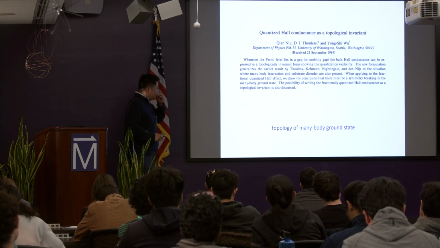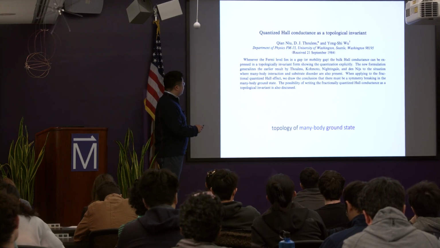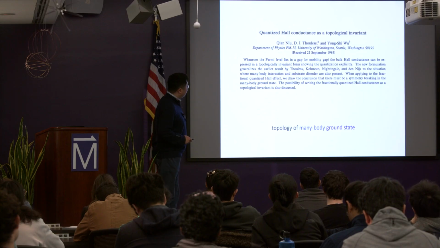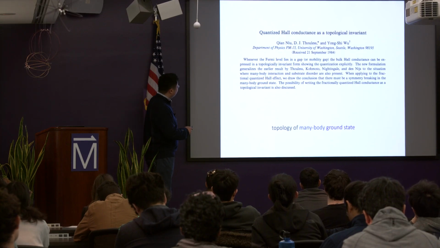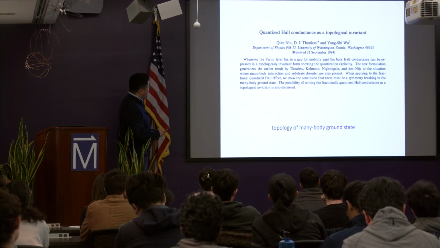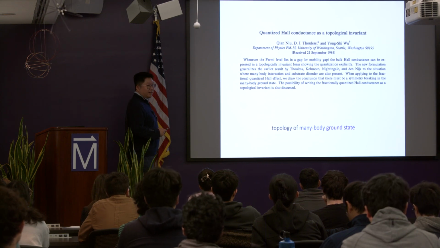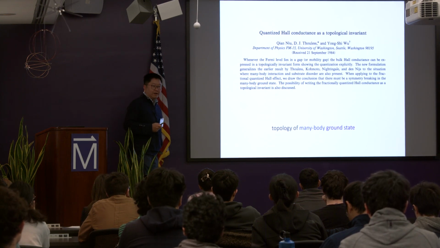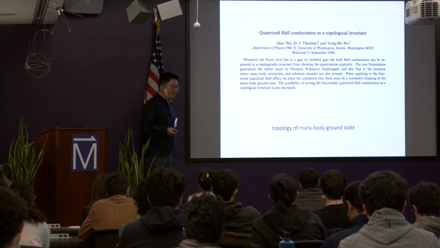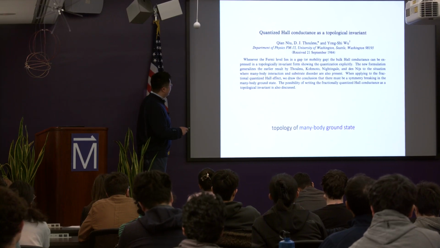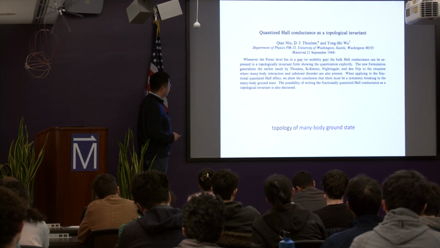So in a broader context, back in the 1980s, before I was born, it was pointed out by David Thouless, Tian Yu and Yongshi Wu that the quantization of the Hall effect actually has a deeper origin. It's actually a topological invariant of the system.